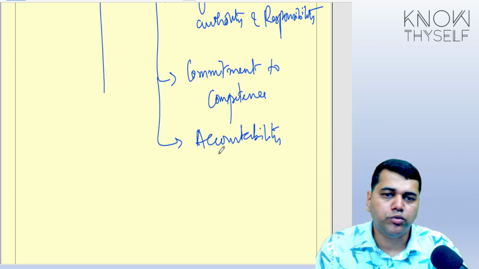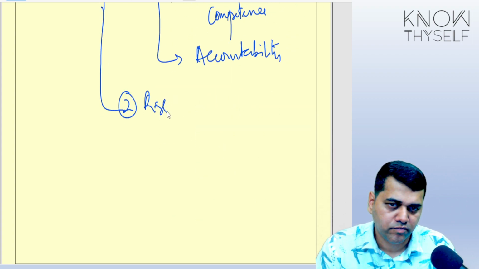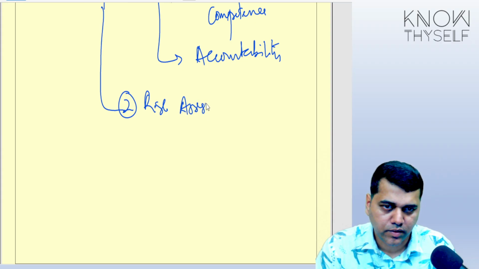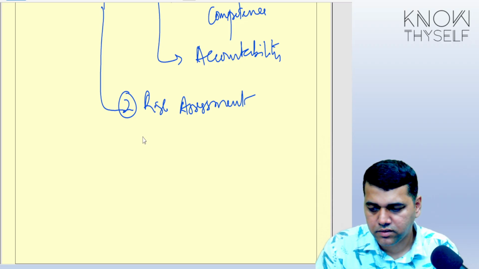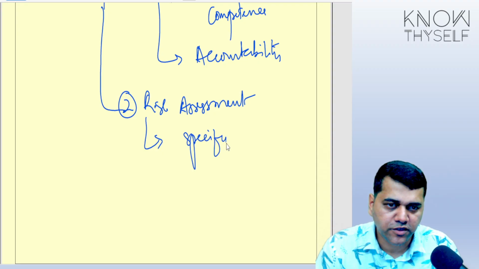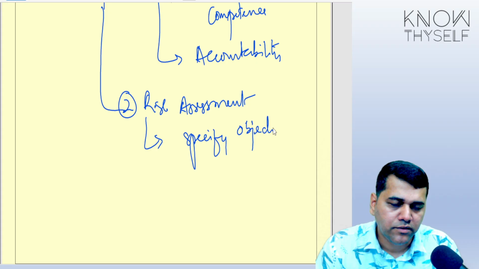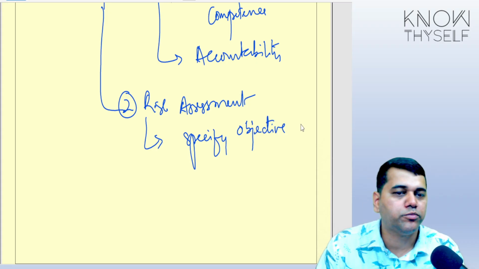The second component is your risk assessment process. It includes specify objective, because without objective, risk makes no sense. What is risk? Something threatening your objective.